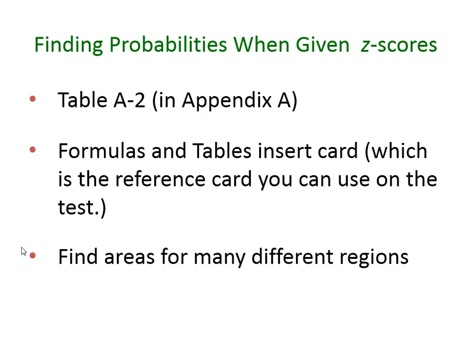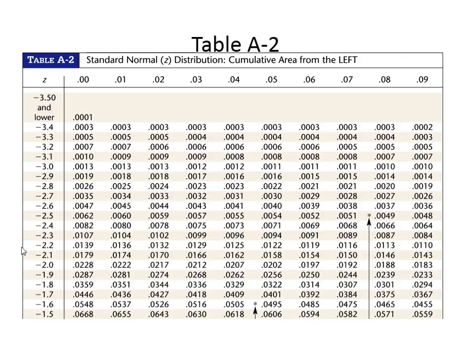The vertical values along the left side are your z-scores. The hundredths place goes across the top. So I'd be reading across to find where those z-scores are, and it helps us find the areas under our different curves.